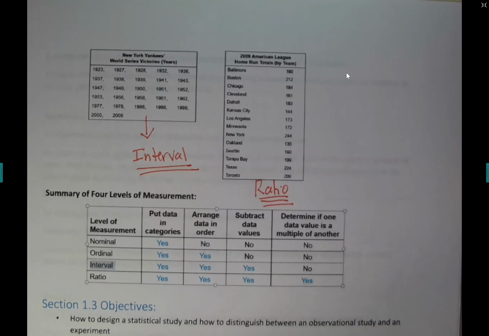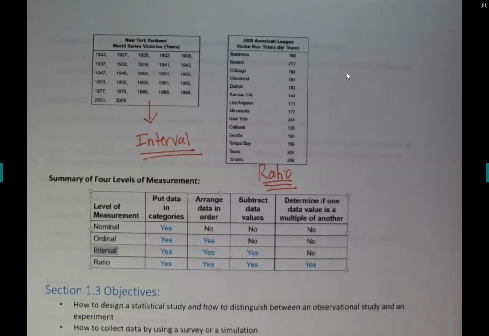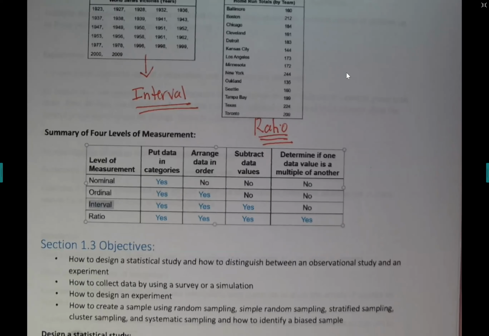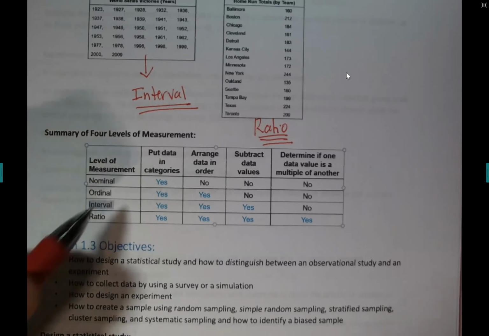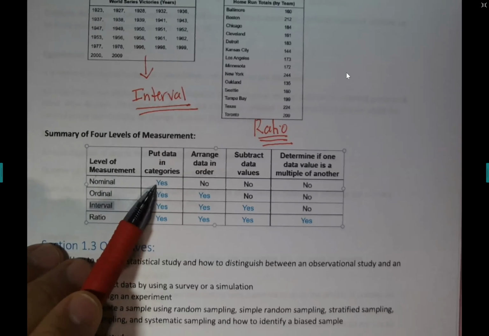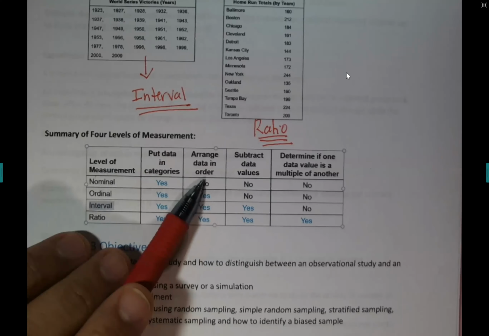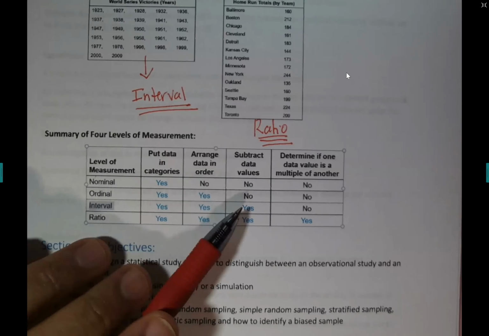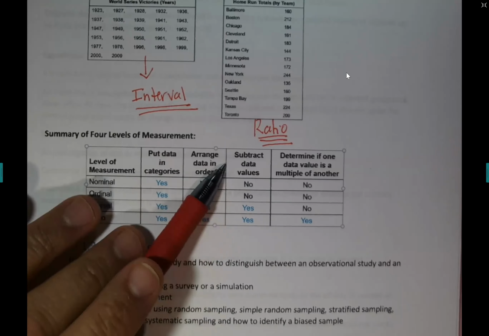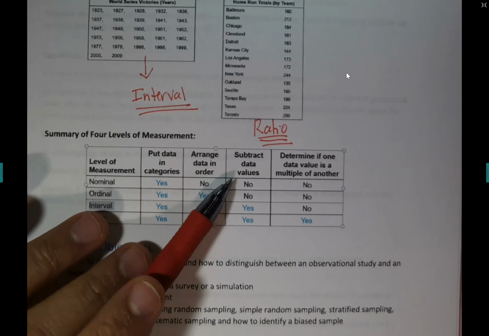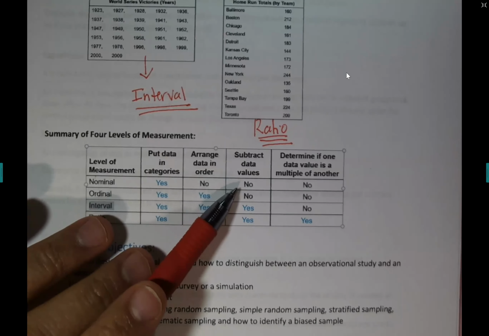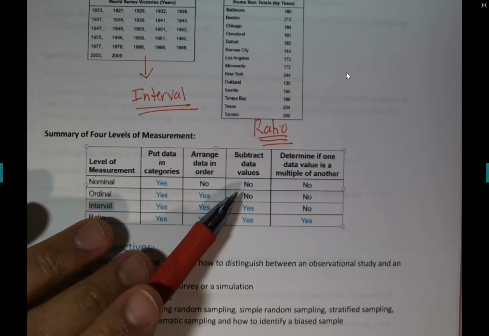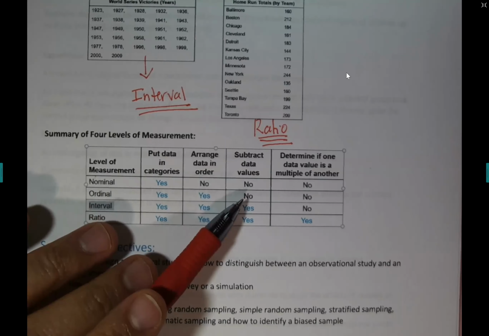And here is a summary of the 4 levels of measurement, guys. Nominal, you can put the data in category, qualitative data. You cannot arrange the data in order. You cannot subtract. Subtraction has no meaning. For example, if I say eye color, you tell me brown, yellow, green, black. If I do yellow minus green, what does that mean? It means nothing.